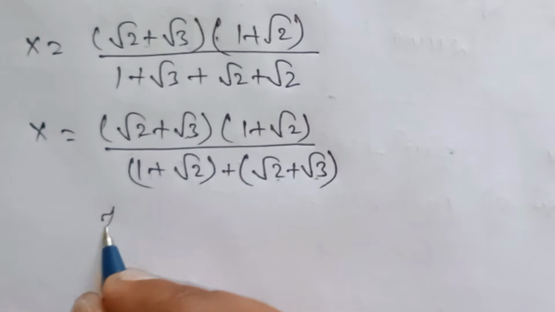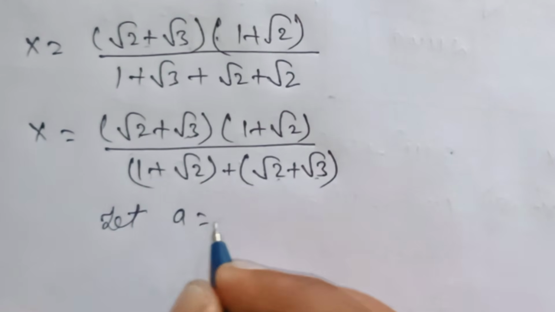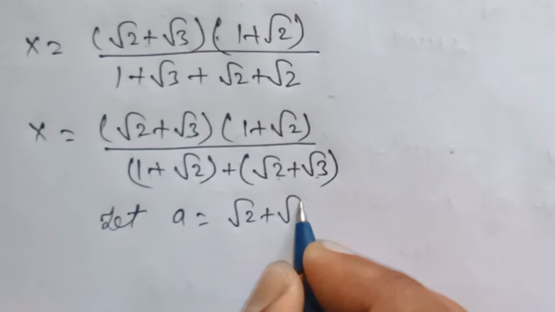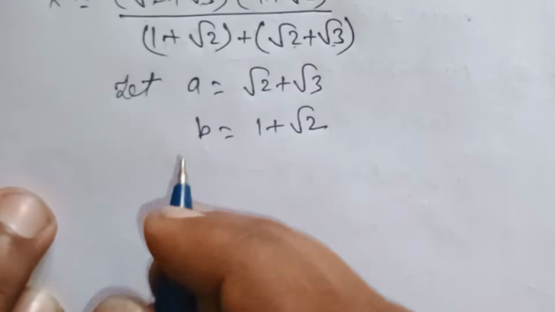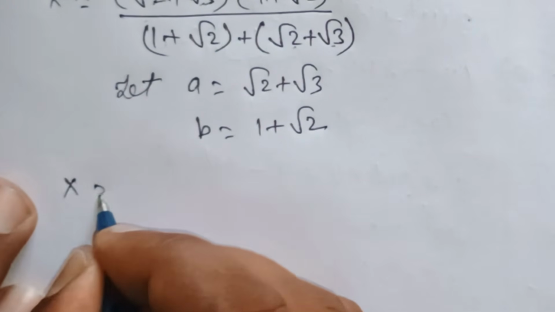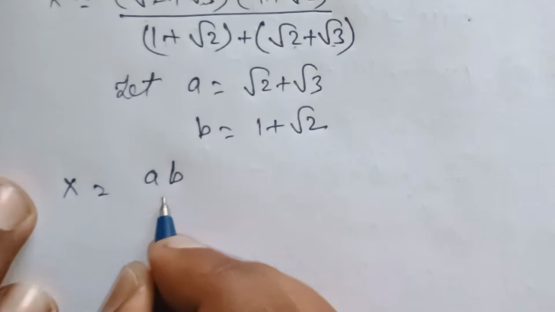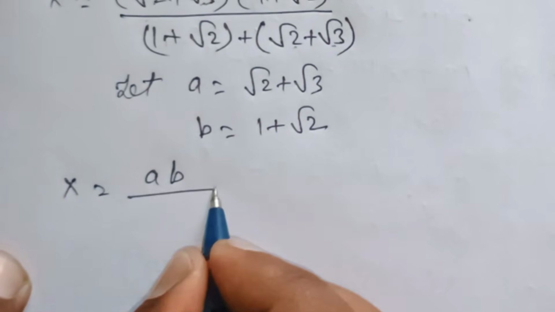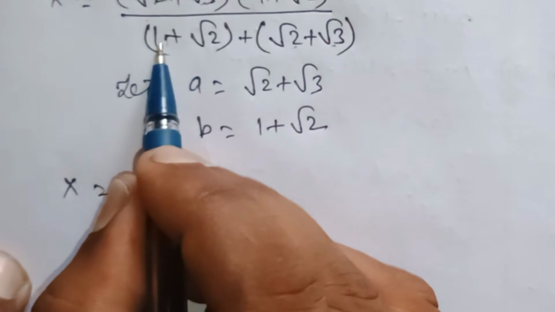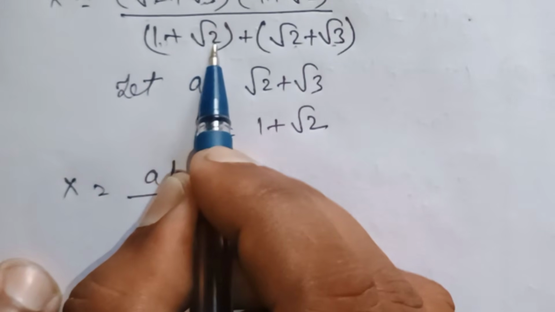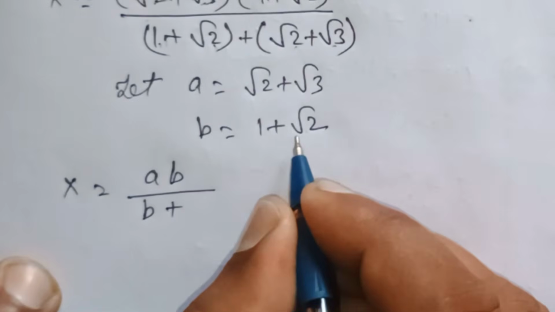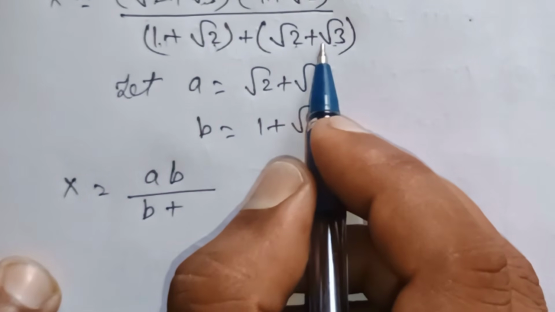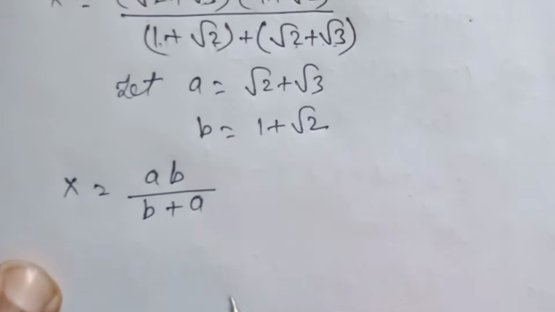So here let us assume that a is equal to root 2 plus root 3, and b is equal to 1 plus root 2. So here x is equal to ab divided by 1 plus root 2, that is b, plus root 2 plus root 3, that is a.